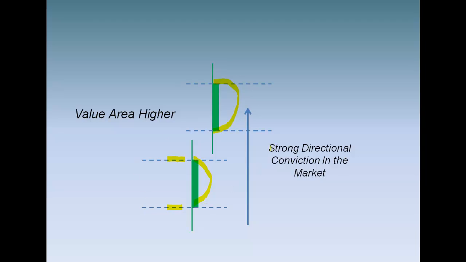In this case, we have strong directional conviction in the market. There is definite momentum in the move. So when you begin to see this, this should tell you right away this is a strong move and it hasn't really shown any weakness yet.